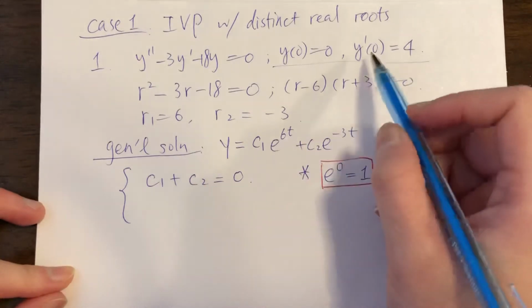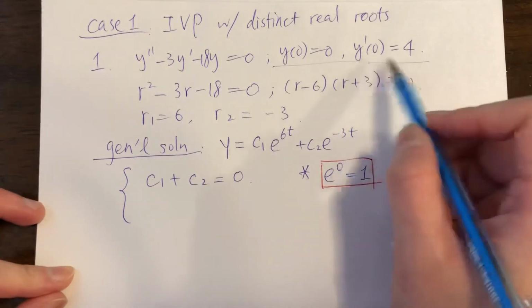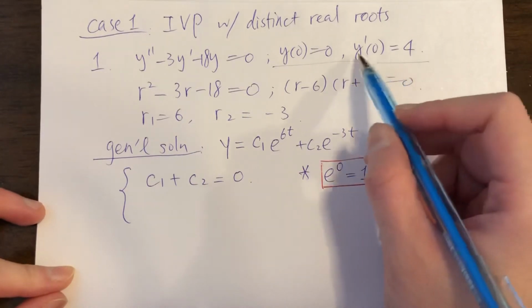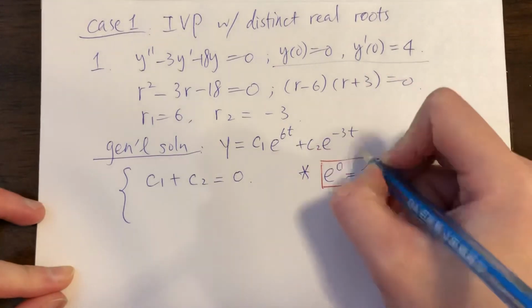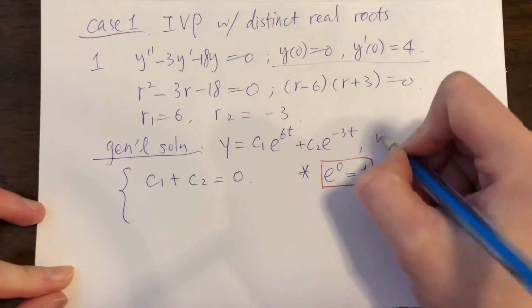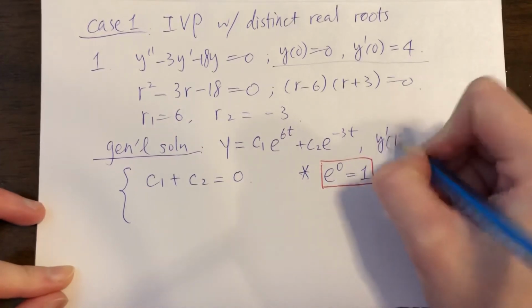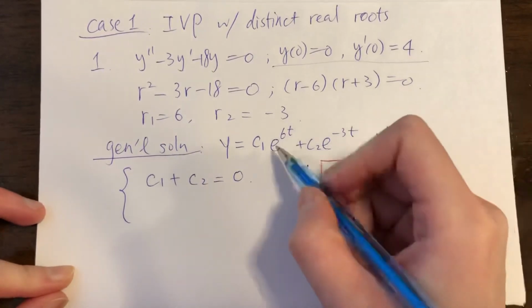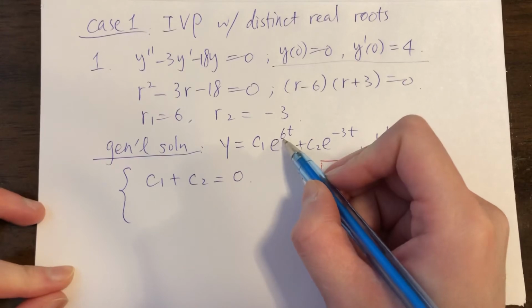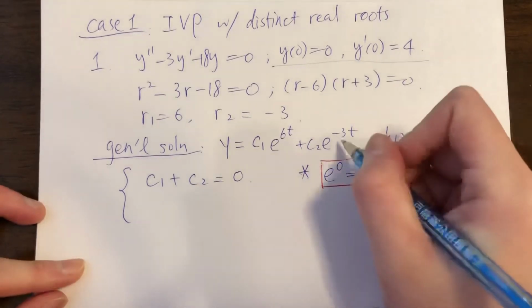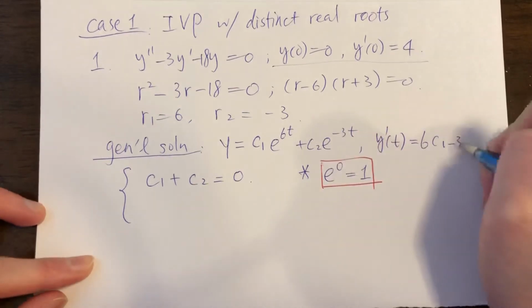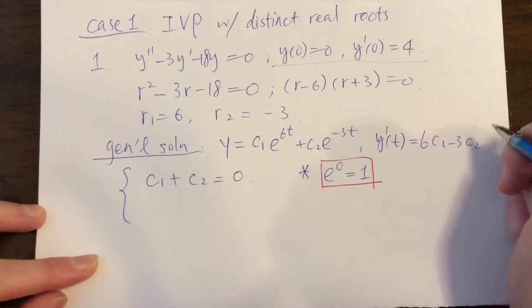And then to use the second initial condition, we need to take the derivative, right? So we have the general solution here. Taking the derivative is going to give us, you just pull out the coefficient, so 6C1, and then pull out the -3, -3C2.